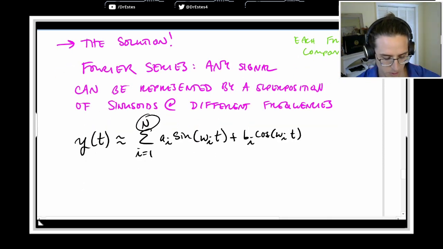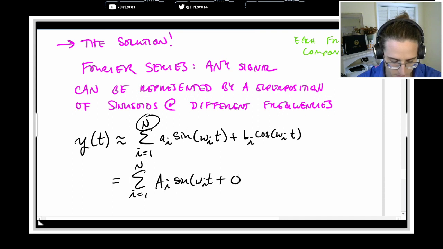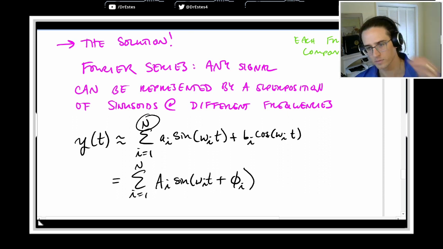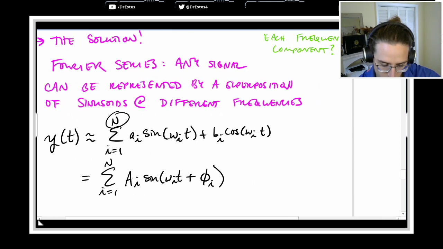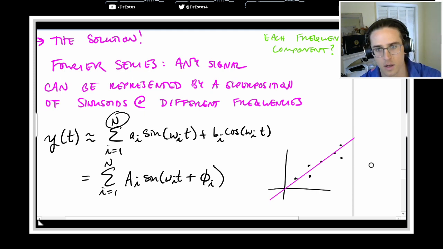Oh, but you could rewrite this: a sine plus a cosine is the same as a sine with some phase angle. So, in Matlab, we've done a lot of linear fits in this class, right? You have some data points and you try to fit it with a line. So how does it find the best line?